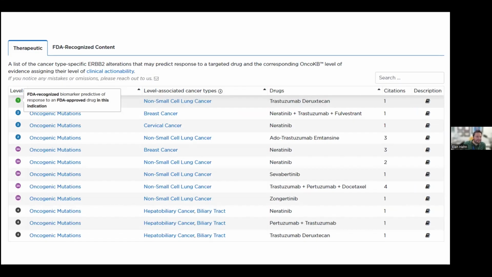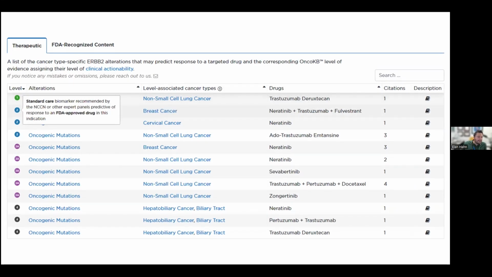Here I'm going to go through and show you the different levels of therapeutic evidence that they give you in OncoKB. Response to an FDA-approved drug in specific indications, so this would be for lung cancer. Biomarker recommended by NCCN or other expert panels, predictive of response to an FDA-approved drug in this indication, so that would be for breast, cervical, or lung cancer.